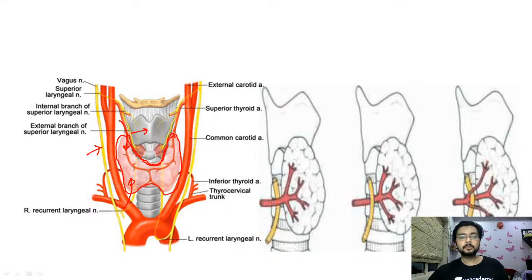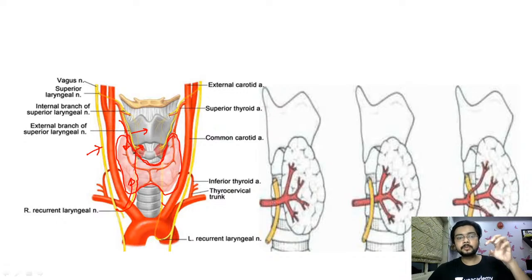In relation to the lower pole, a nerve is coming out from the vagus, encircling the subclavian artery on one side and the aorta on the other side, and moving in relation with the thyroid along the tracheoesophageal groove and entering into the cricothyroid joint. So this is the normal course of the recurrent laryngeal nerve. It enters and ends at the cricothyroid joint.